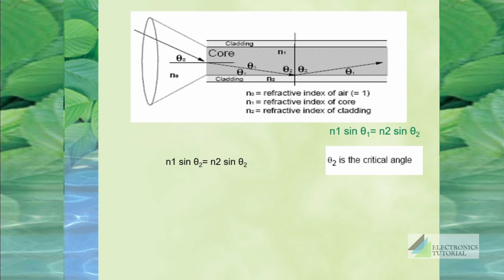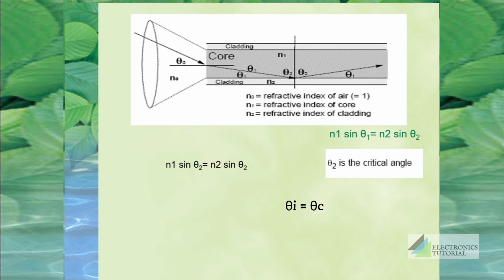We know the basic requirement for total internal reflection. The angle of incidence should be greater than or equal to critical angle. So we'll start from the basic criterion. The angle of incidence is here considered to be as critical angle. We know when a beam is incident at critical angle, then the beam will be refracted at 90 degree.